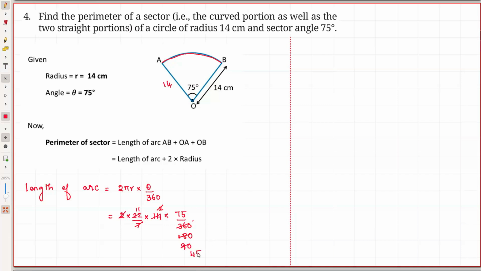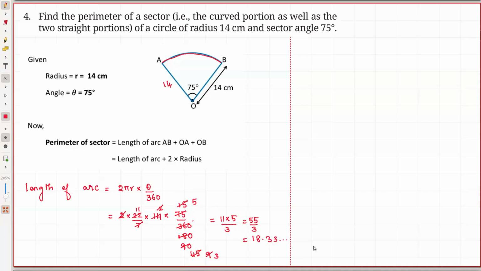Again 5 table, 9 5s, 5 5s are 25. Again 3 table, 3 3s are 9, 5 3s are 15. Nothing more is getting cancelled. We are left with 11 into 5 divided by 3, so 55 by 3. If you divide it, we get 18.33.